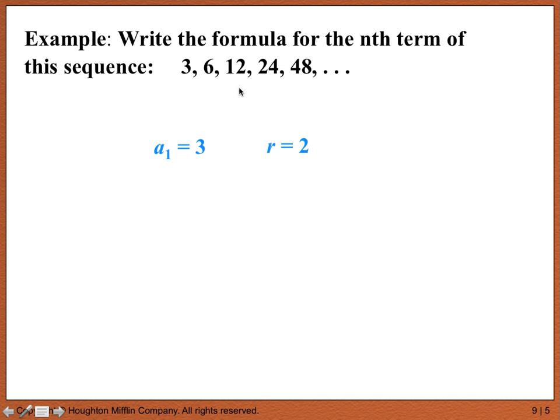But if I consider 12 my first term, let's just pretend, well then 48 is my third term. Okay, and the reason it doesn't matter is because the common ratio is the same in either case, whether I start with 3 or I start with 12. The common ratio is still the same.